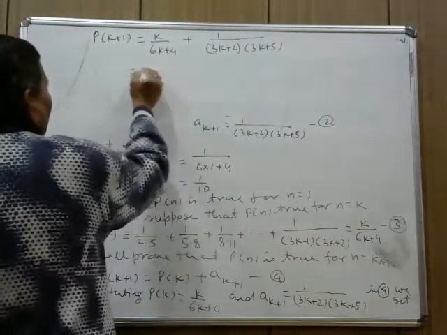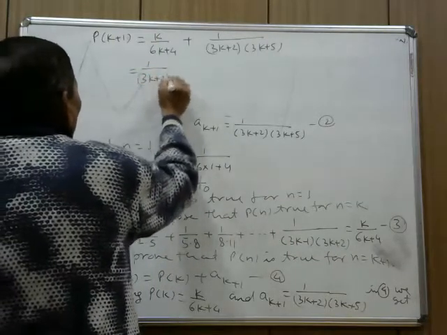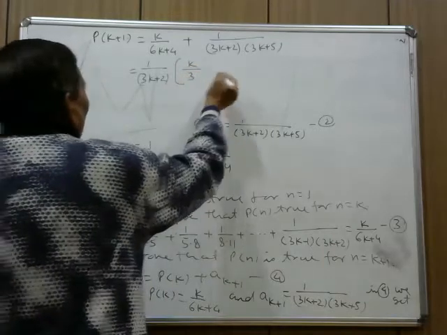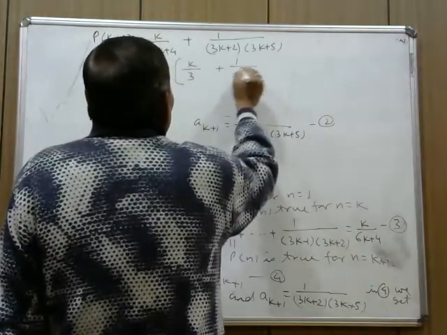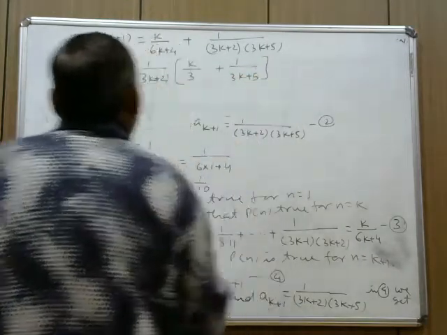Now taking common 1 upon 3k plus 2, here in bracket k upon 2 plus 1 upon 3k plus 5.